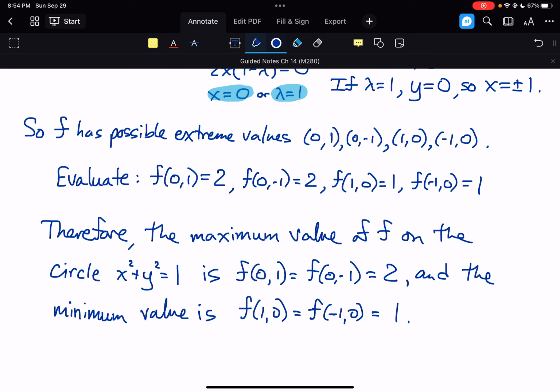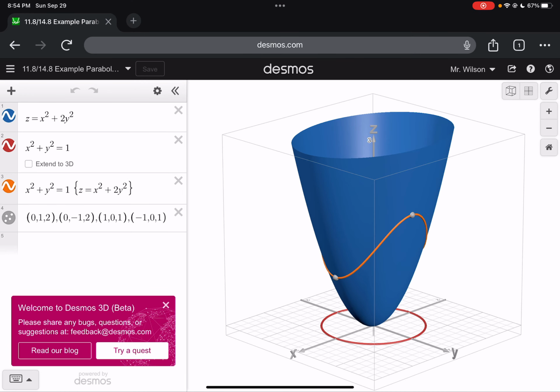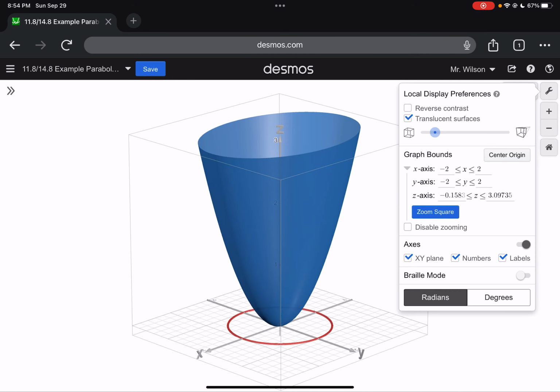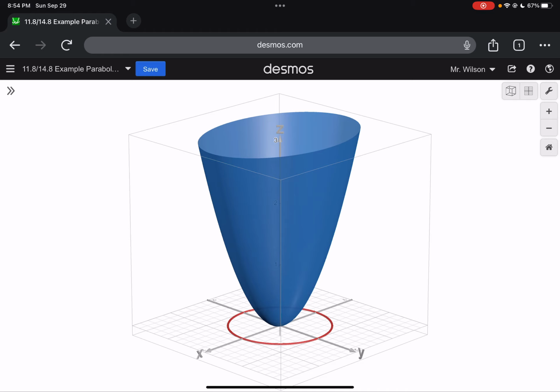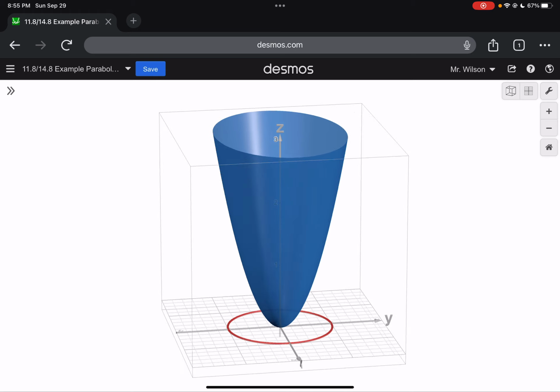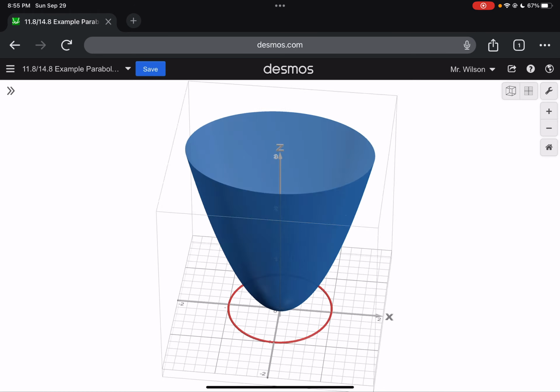Now I want to take a look at this function graphically so we can see what this actually looks like. So here's our function. You can see it's like an elliptic paraboloid, and there's the circle down there on the bottom.